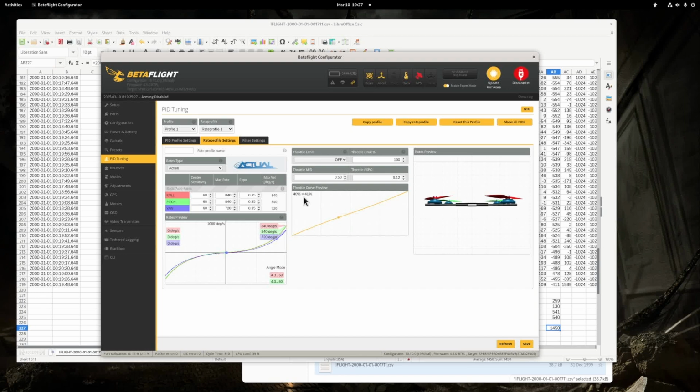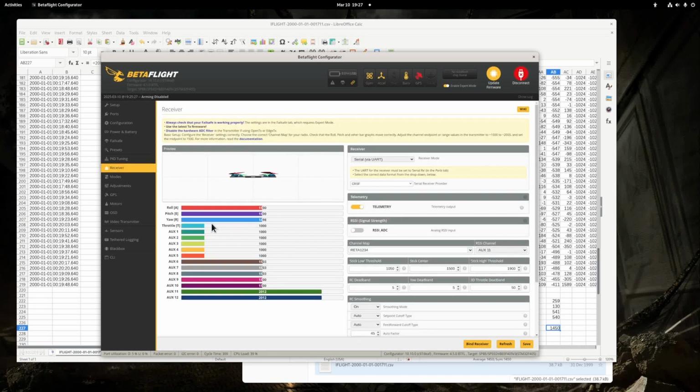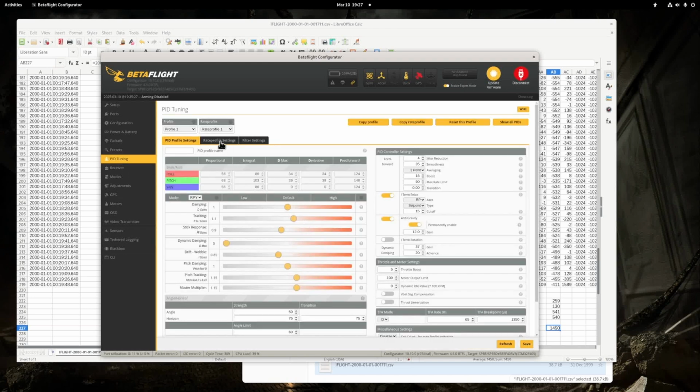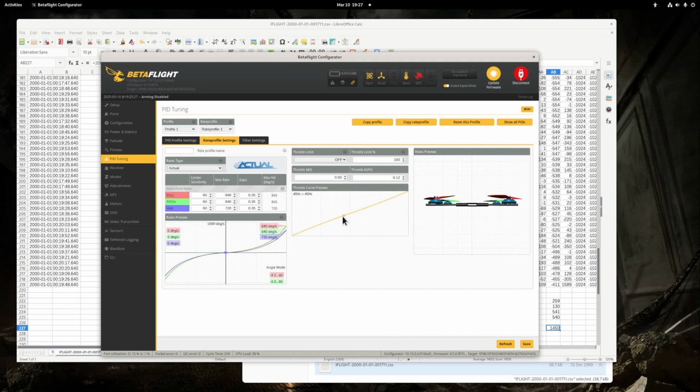So what I'm gonna do is go back to the receiver tab and set the throttle to 1450. Yeah, you know what? 1450. It's so hard, but it's okay. That will be fine. Then let's head back to PID tuning, and I'm not gonna touch the throttle stick. And let's head here. You'll see here, it's 45%, and then the curve would be like that.